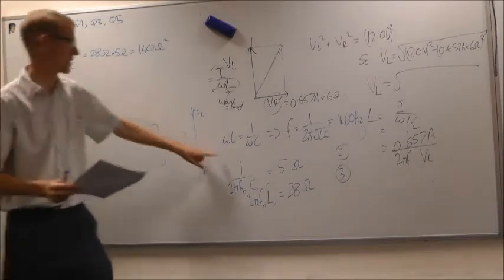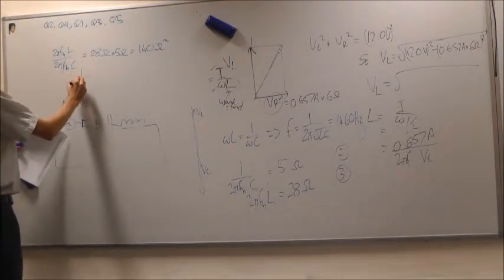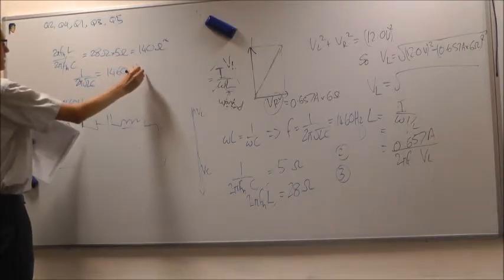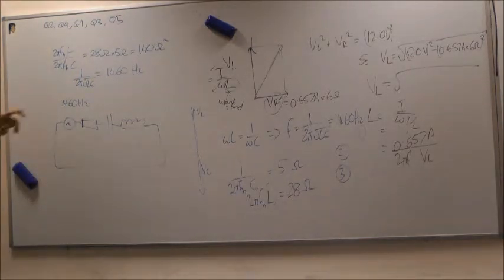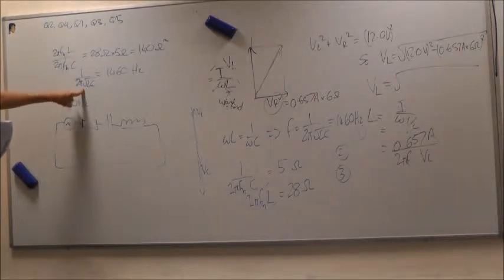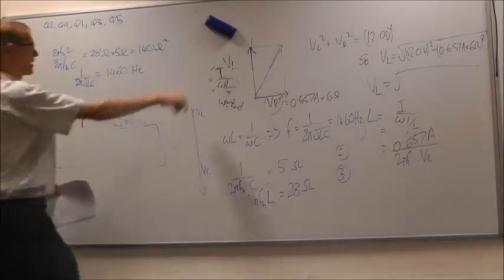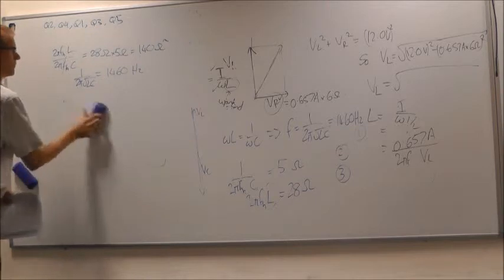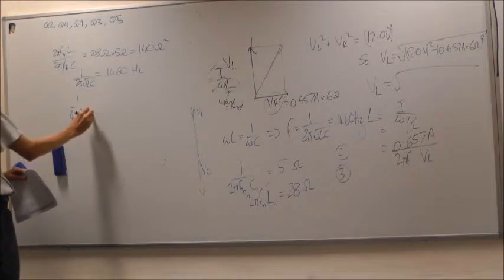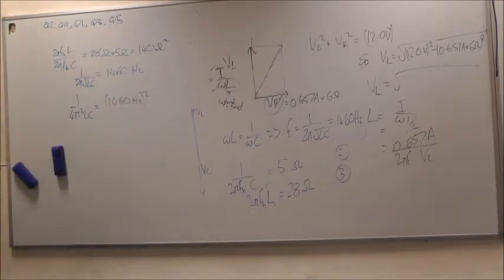And here's my second equation. We also know that 1 over 2 pi root LC equals 1460 Hertz. So I want to solve for L and C. I square that one, and then I can multiply these 2 together, and that will get rid of L. So if I square that, I've got 1 over 4 pi squared LC equals 1460 Hertz all squared.